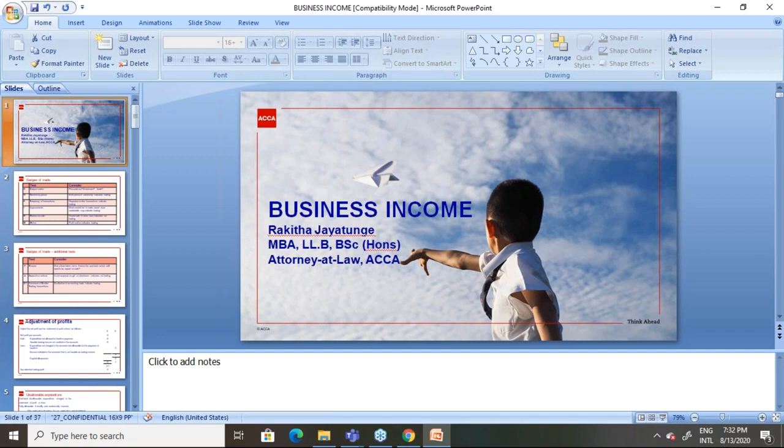If you look at your past papers, you will see they can always use an unincorporated business scenario to check your knowledge pertaining to several other tax implications that we have already discussed.